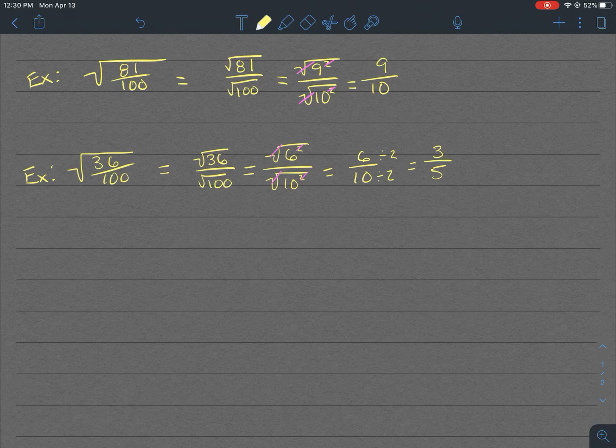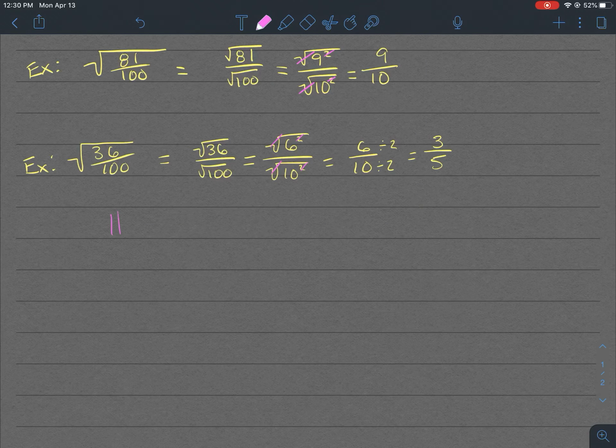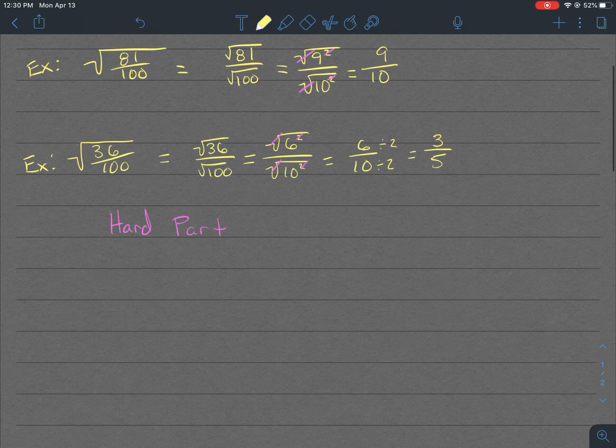Now let's jump in a little bit harder. A little bit of the harder part. Okay, so let's go ahead and title this one hard part. It's not too bad. It's really not. You just have to know your multiplication facts. So if I have an example that says square root of 28. No, that's not a perfect square, so it's not going to come out nice and pretty.